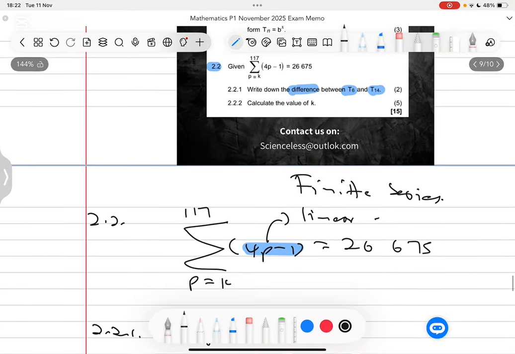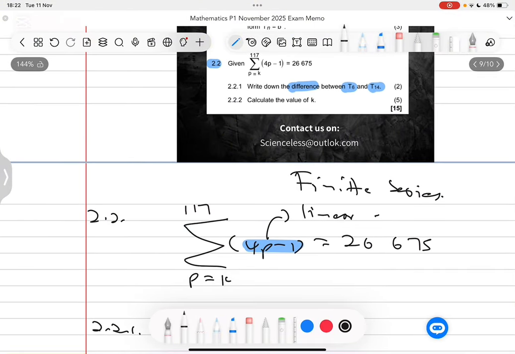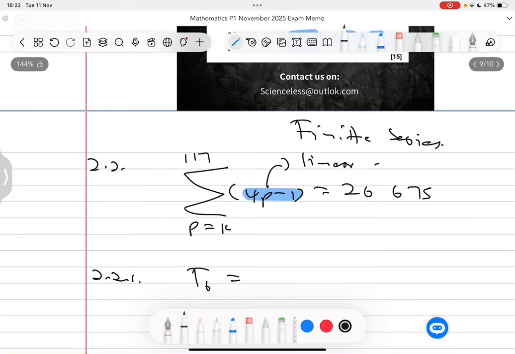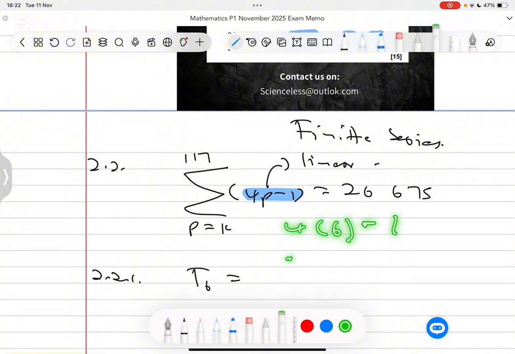You don't have to write that whole thing down. They just want to see if you know how to use sigma notation. So I'm having 4 times 6 minus 1. 4 times 6 gives me 24, minus 1 gives me 23. So term 6 is 23.